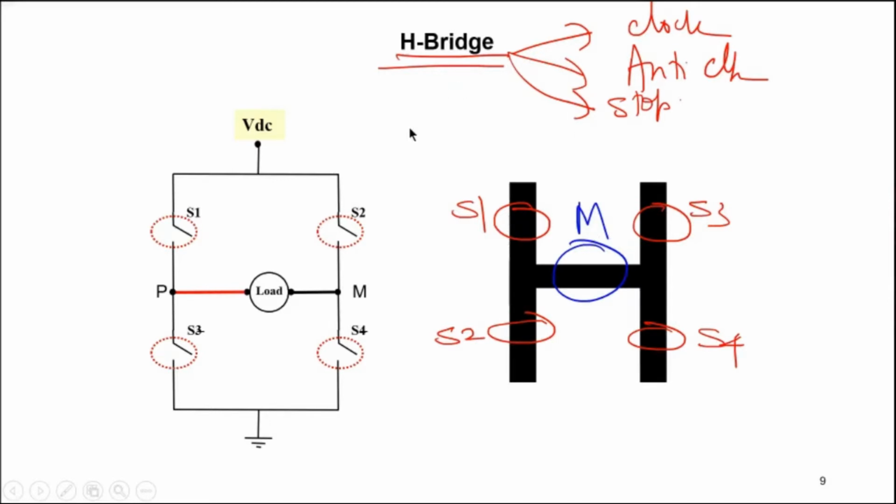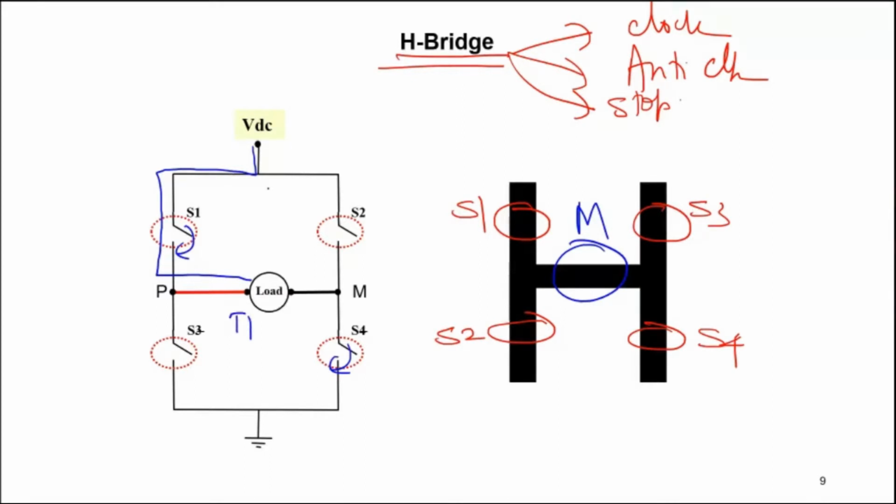For clockwise direction, what is the condition I told you? The diagonal switches S1 and S4 should be turned on. When these two switches are turned on, the circuit gets closed.